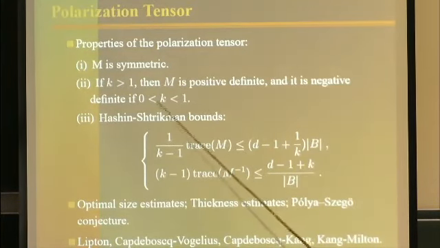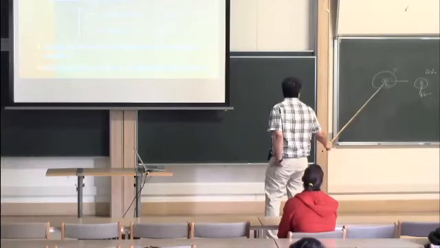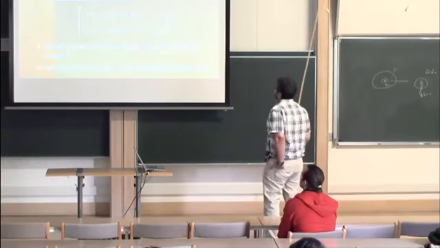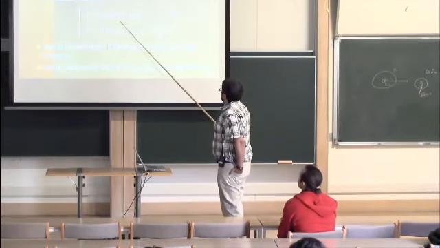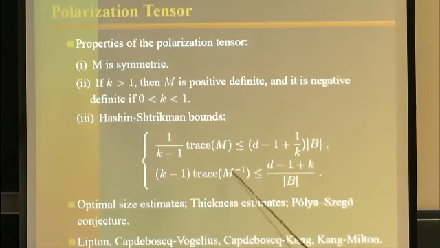It's positive if the contrast k is higher than 1, and negative if k is smaller than 1. The trace of M and the trace of M inverse satisfy these bounds. These bounds are optimal, in the sense that any matrix satisfying them is the polarization tensor of some domain at fixed volume and fixed conductivity.